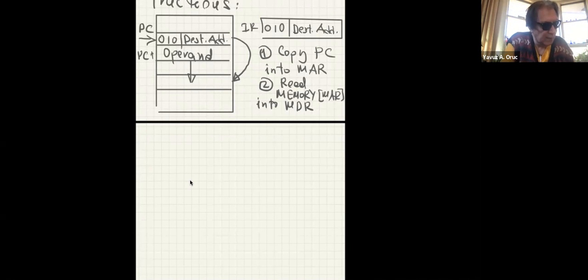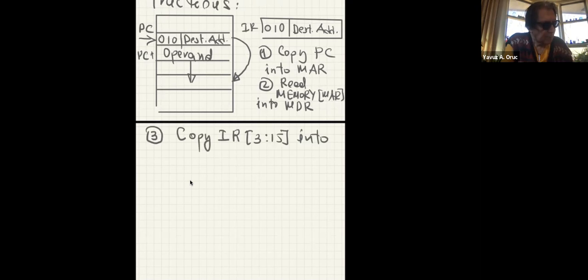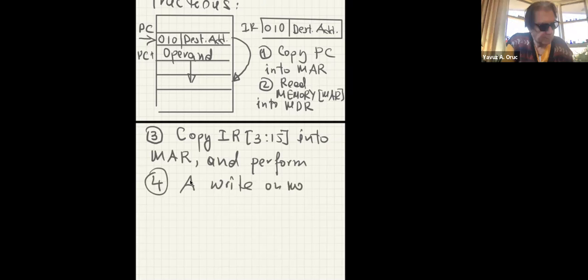Okay, so three, copy instruction bits 3 through 15 into MAR, and perform a write on memory.